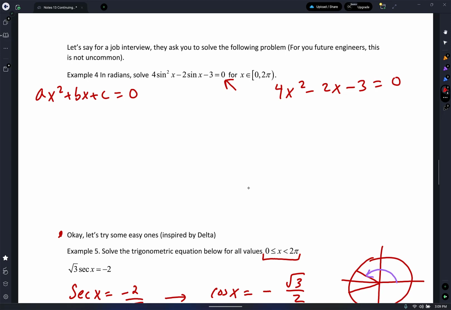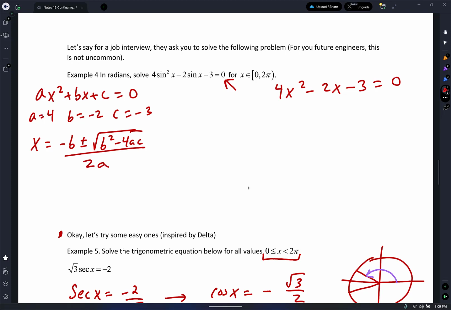Your A is 4, your B is -2, and your C is -3. I'm going to say x equals, because right now I'm just solving this algebra problem, I'll write the formula first: -B plus or minus the square root of B squared minus 4AC, all over 2A.